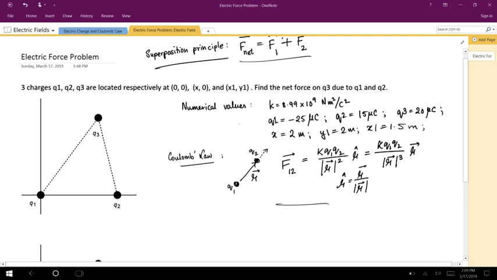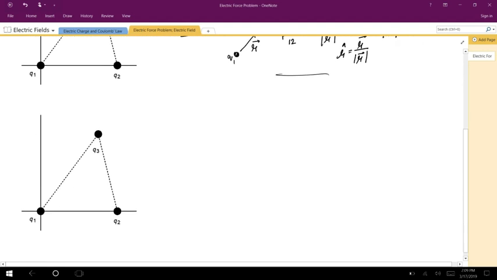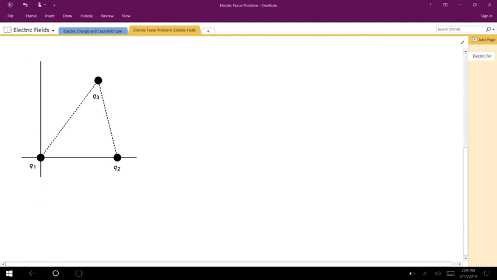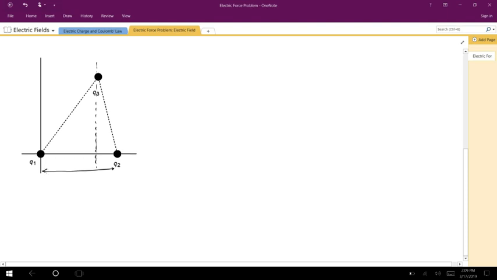So let's start with the first application of Coulomb's law. We're going to start with this situation here. Let's make this diagram a little more geometrically apparent. What we are doing over here is we know that this distance from the origin to Q2 is x. Origin to Q3 is x1.